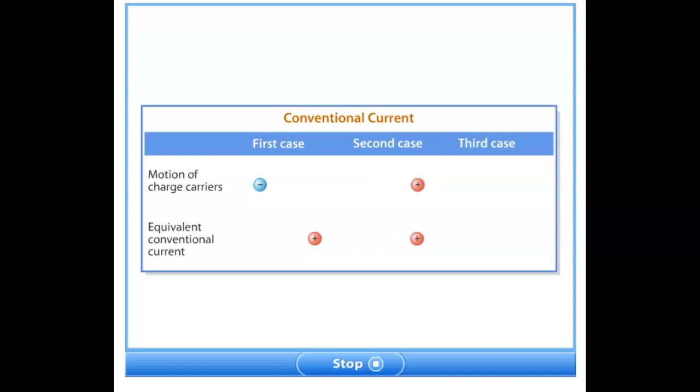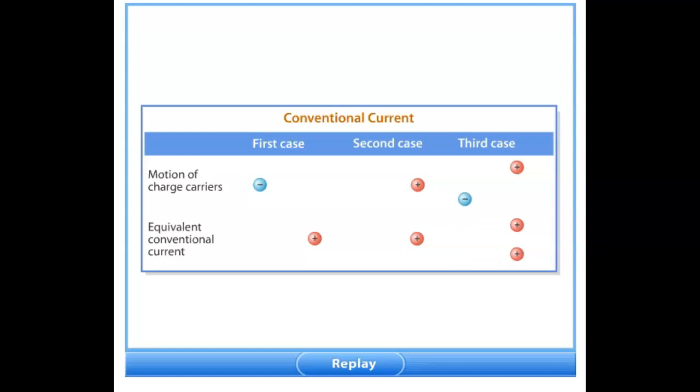In this case, the conventional current is the same as the actual current. In some gases and dissolved salts, current can be due to positive charges moving to the right and negative charges moving in the opposite direction. In this case, the conventional current would consist of positive charges of an amount equal to the total movement of charge, but all moving to the right.